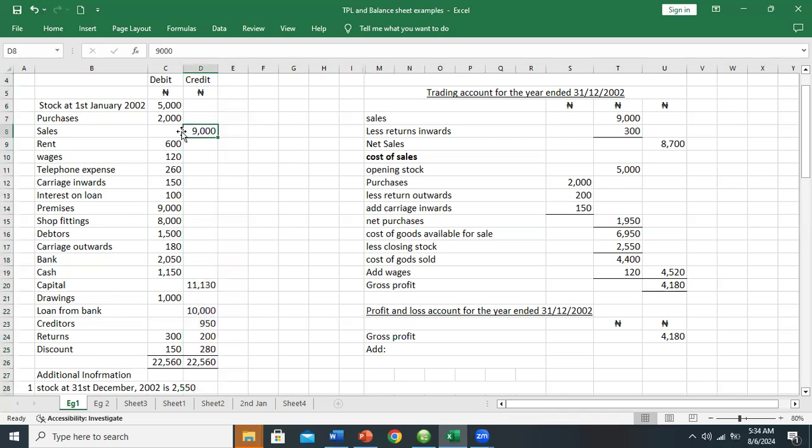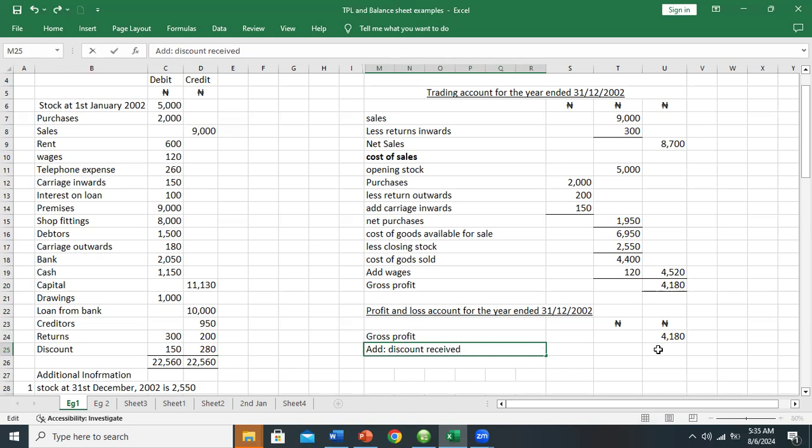We have sales. We have already used sales. It's not part of the other income. Capital. Capital is not an income. It is a capital receipt. So take it to the balance sheet. Loan from bank. Loan is a liability. Creditors, liability. Return outwards, you have used it. So you see the last one, which is the discount received.